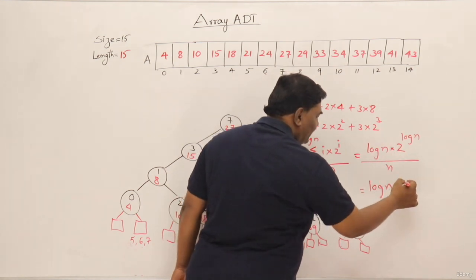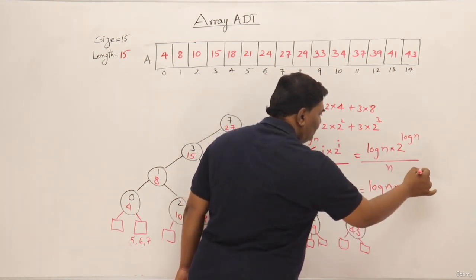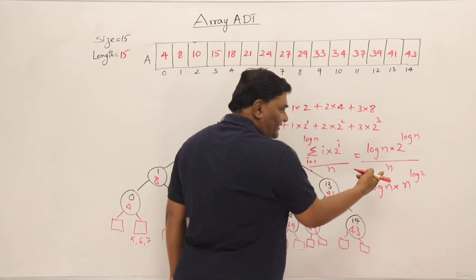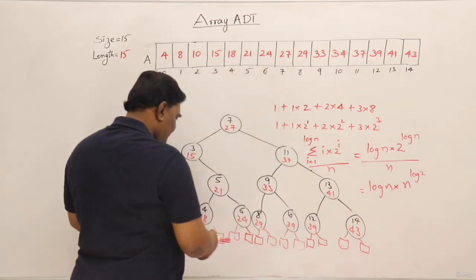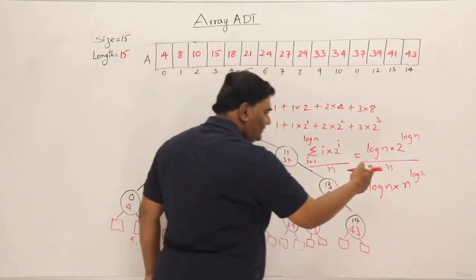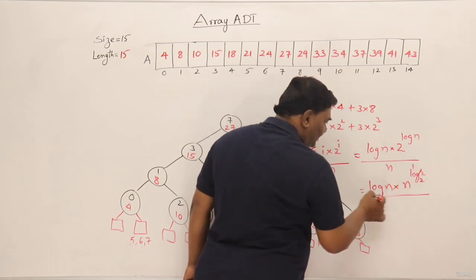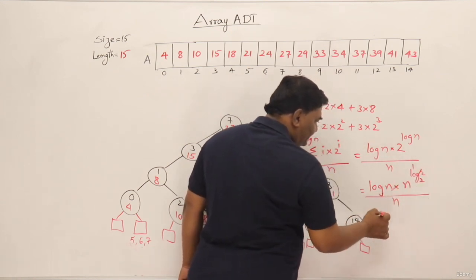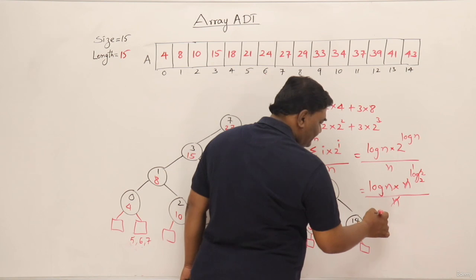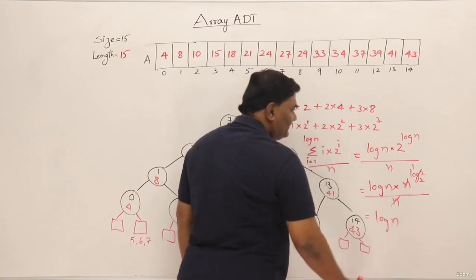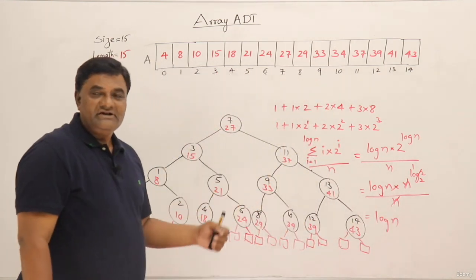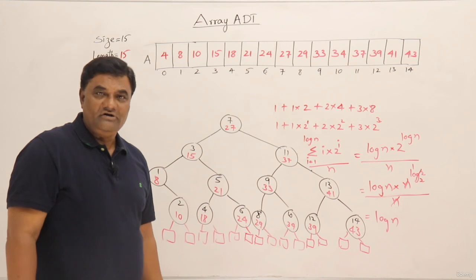So this will be n log 2. Here we are taking the values in powers of 2, so that is log 2 base 2. So this becomes 1, and divided by n, the n gets cancelled. So the answer is log n. So the average case analysis is also log n.